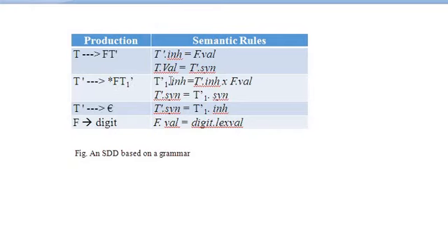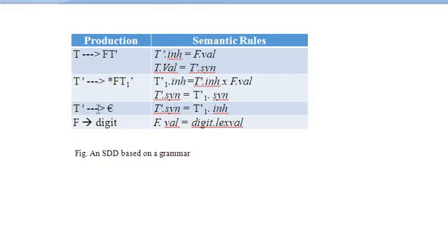So T1 dash dot inherited attribute is equal to T dash dot inherited attribute into F dot value, and T dash dot synthesized attribute is equal to T1 dash dot synthesized attribute. If values are calculated from its children, then it is a synthesized attribute; if values are calculated from its siblings or its parent, then it is an inherited attribute.